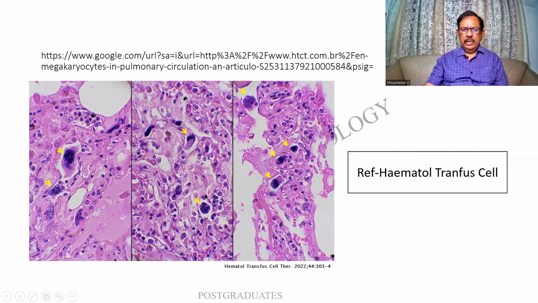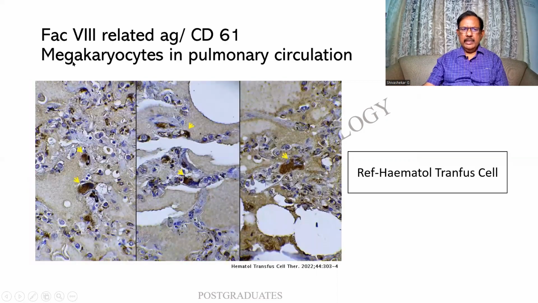Now, it is not the bone marrow cells that are coming over to the lung, but probably there is a preliminary cell or a non-committed cell that is getting committed and developing into a megakaryocyte. These could be seen, or in fact, they are seen in the liver, the heart, and the lungs. This is the reference for it. And also the markers. There are two markers which you people will have to remember: factor VIII related antigen as well as CD61.